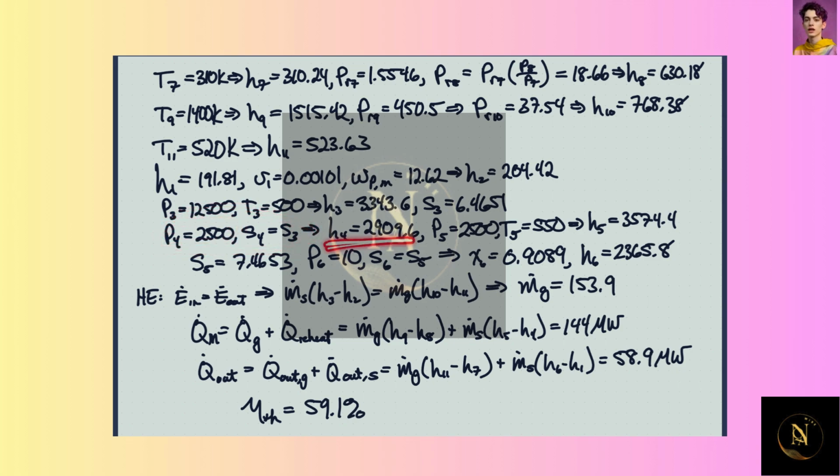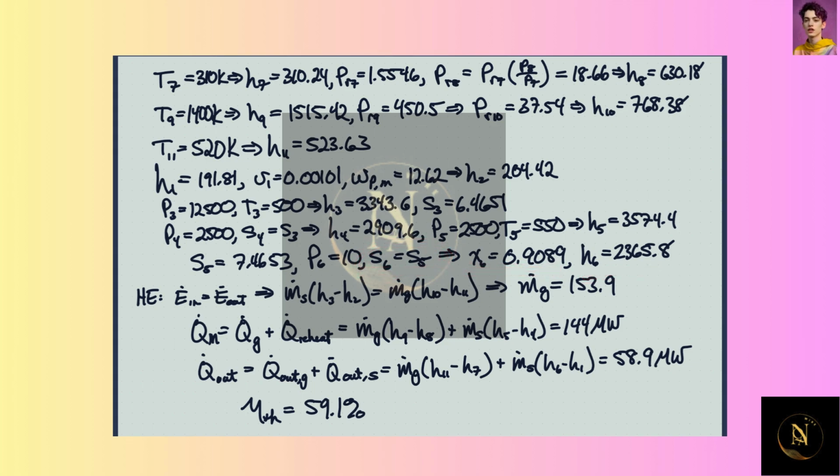So we can get the enthalpy coming out of the turbine, and then we know also the pressure and the temperature coming back into the turbine. And so we can get the enthalpy of the reheated steam coming back into the turbine, and we can also get the entropy there. At 10, we know the pressure, and it's an isentropic turbine again, so we know the entropy. And so we can get the quality factor and the specific enthalpy out of there.